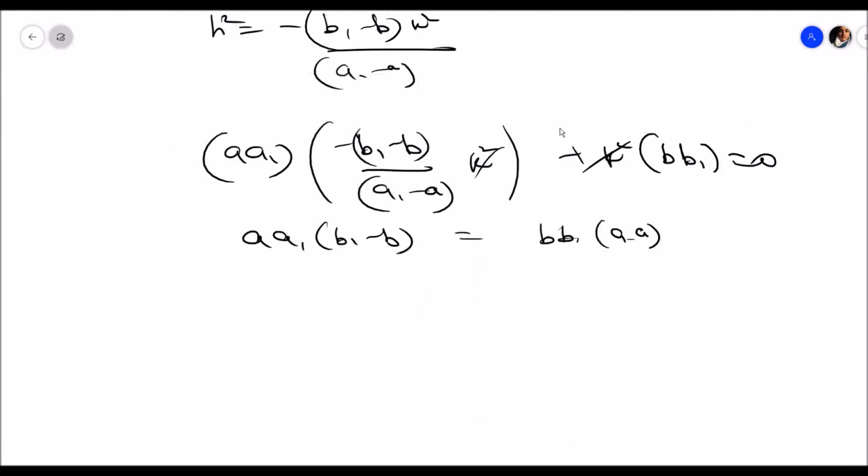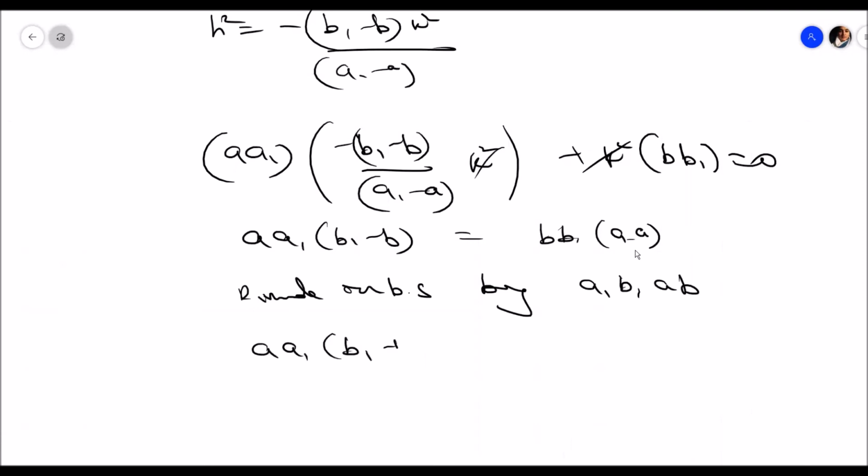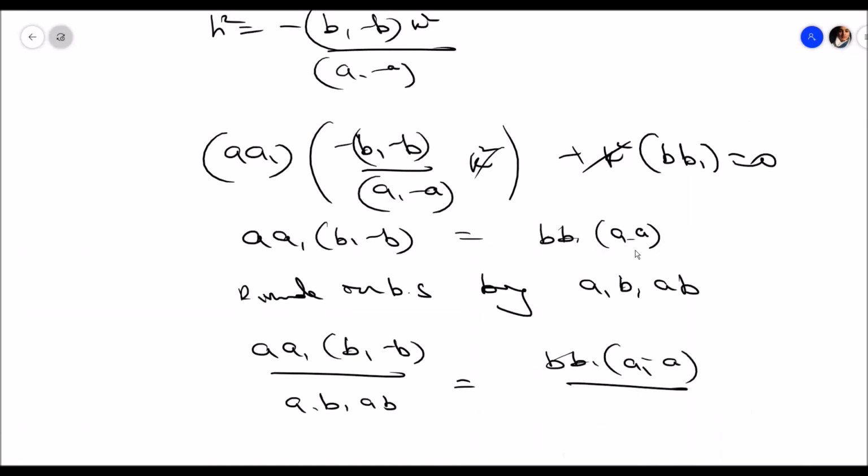Okay. And then I'll divide on both sides by a a1 b b1, which will give me a1 into b1 minus b by a a1 b b1 is equal to b1 into a1 minus a by a a1 b b1. So b b1, b b1, a a1, a a1 gets cancelled.